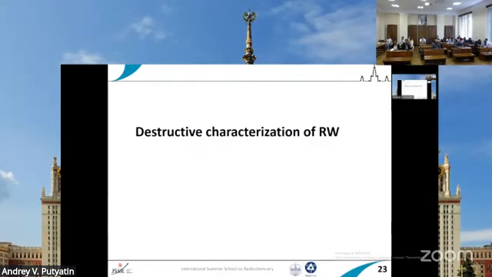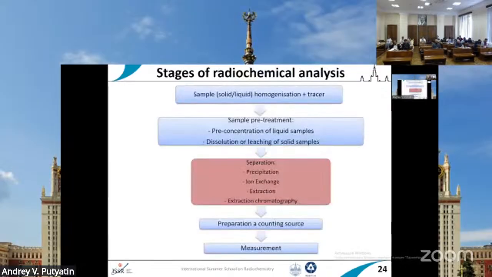So now about destructive characterization. First of all, we have to pre-treat our sample. If our sample is liquid, then we concentrate our radionuclides either by evaporation or by some other steps.